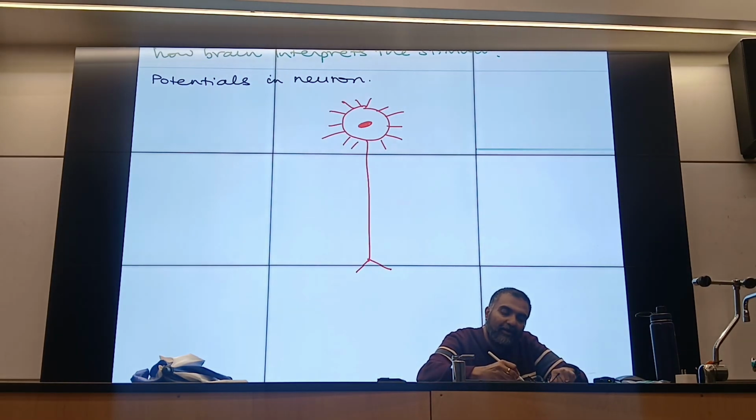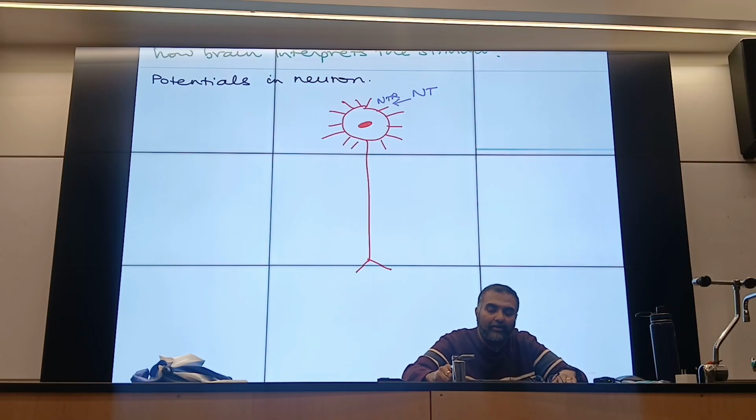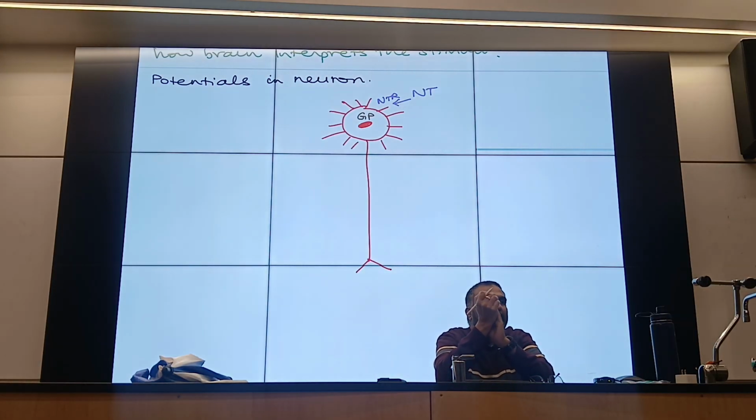What is happening is, remember that neurotransmitters are binding neurotransmitter receptors, NTRs. And then you have graded potentials, GP, going into the cell body. And remember, if they summate, in other words, if they add, understand that some neurotransmitters are excitatory, some are inhibitory.